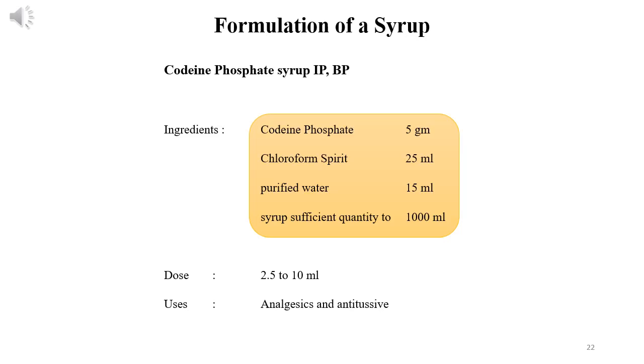The formulation of this codeine phosphate syrup contains codeine phosphate 5 gram, chloroform spirit 25 ml, purified water 15 ml, and syrup sufficient quantity to 1000 ml, meaning we make up the volume of this formulation using syrup up to 1000 ml. The dose of this formulation is 2.5 to 10 ml. The use of this formulation is as an analgesic, meaning it provides relief from pain, and as an antitussive.